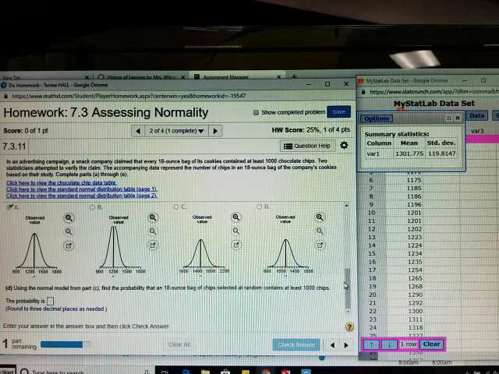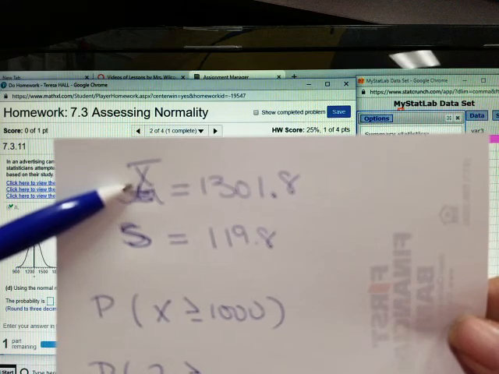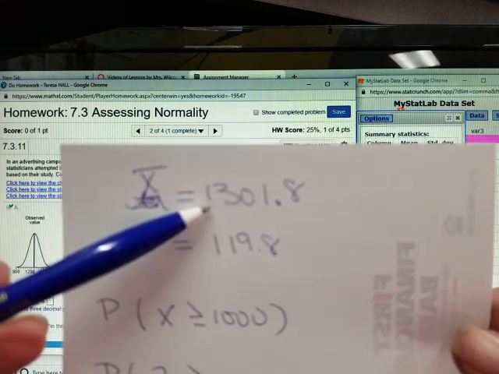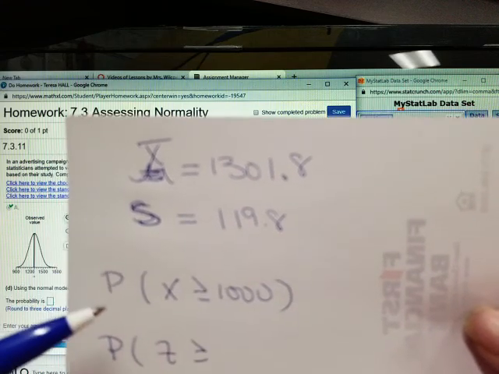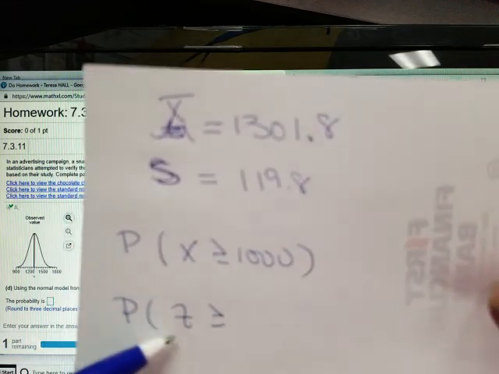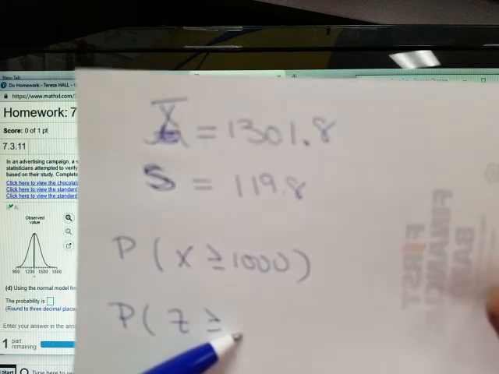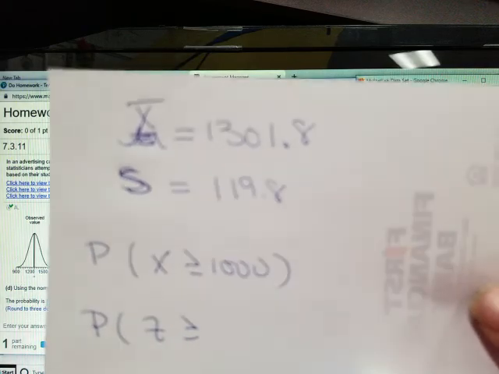So when we're asked that, that means I need to go ahead and get that z-score. So this is what we're being asked to do, like we did in the last couple sections. Again, the sample mean is 1,301, the standard deviation 119.8. Probability that we have at least 1,000 chips. So I'm looking for this z-score, and once I get that z-score, that's when we did the normal CDF from that z to 100.